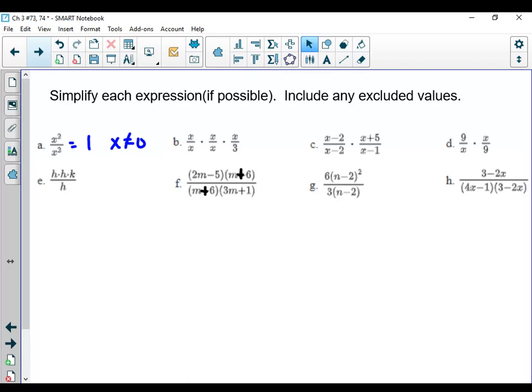Again, some are a little more simple than others. I think it's 2 parentheses n minus 2. we have to. Yeah. That's it. So X cannot equal.